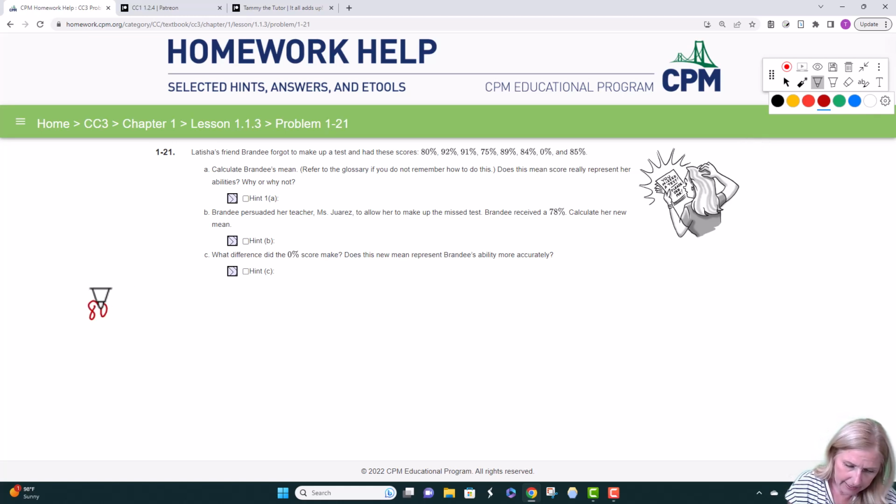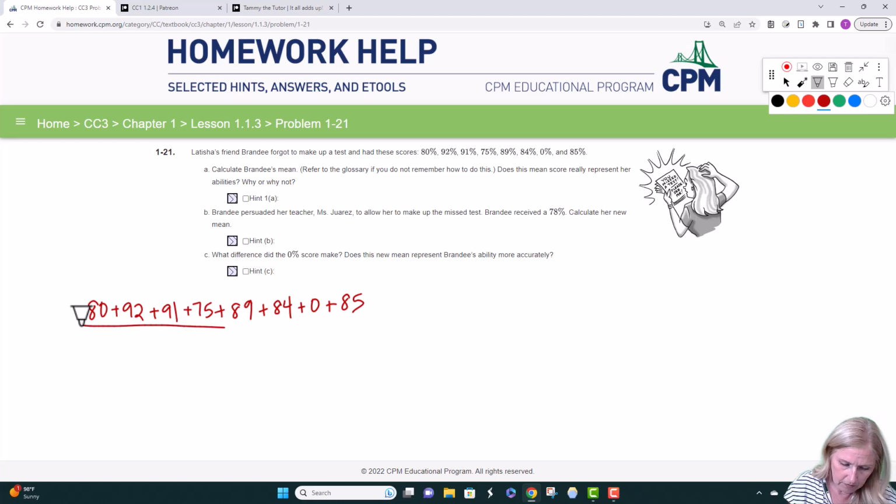Okay, so we have an 80 plus 92 plus 91 plus 75 plus 89 plus 84 plus 0 plus 85. Those are all her scores. Now notice I added the 0 in here as well. I know that adding a 0 doesn't change anything, and so it's tempting to leave it out.